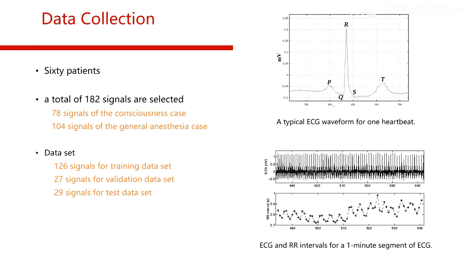First, let me briefly introduce our study subject, HRV signals. This figure refers to a typical ECG waveform consisting of an initial P wave, the main QRS complex, and then a trailing T wave.